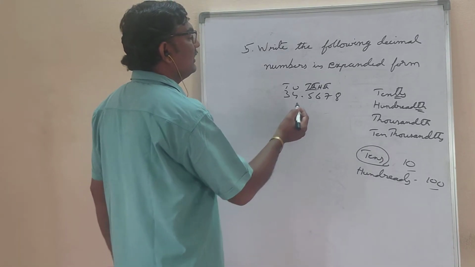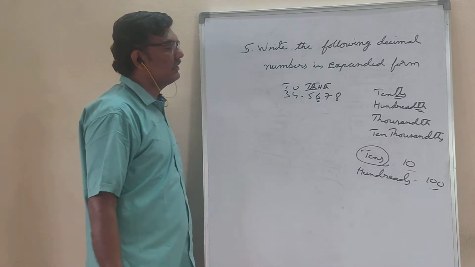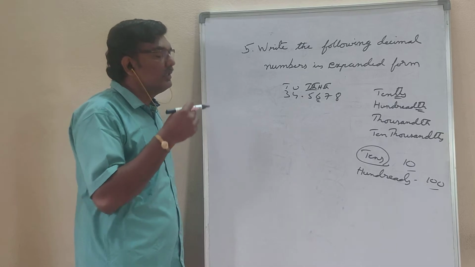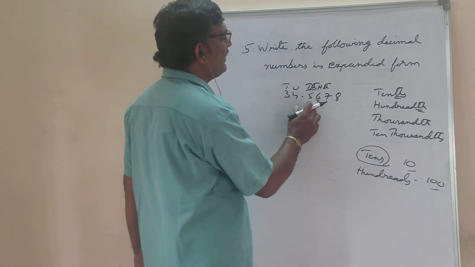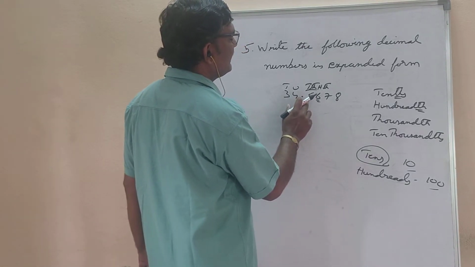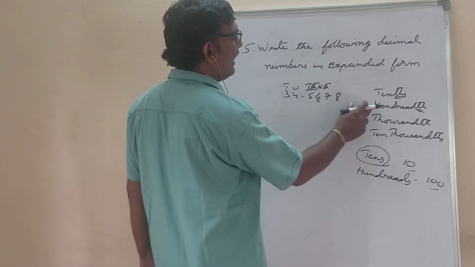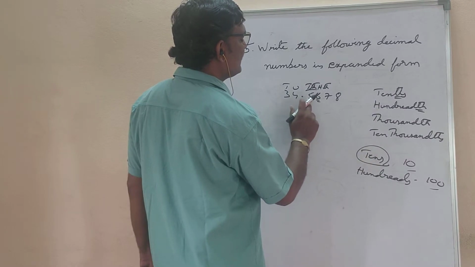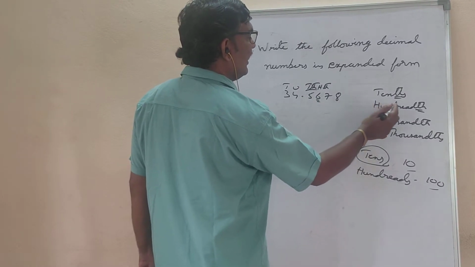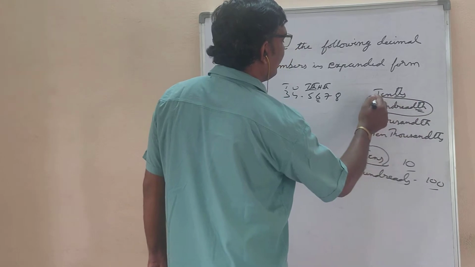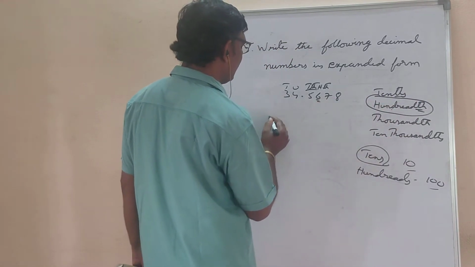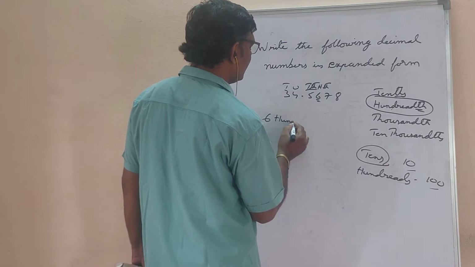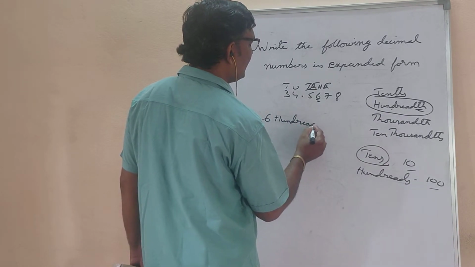Now I want the place value of 6. 6 is present in the second position after the decimal: first one is 10th, second one is 100th. In the hundredth place, 6 is there. So 6 is present in the 100th place.